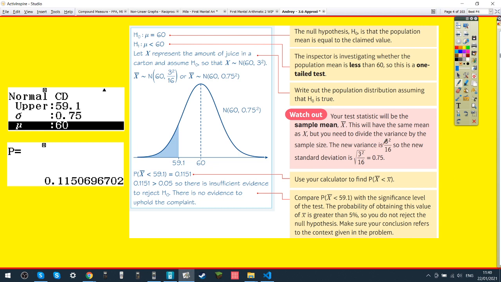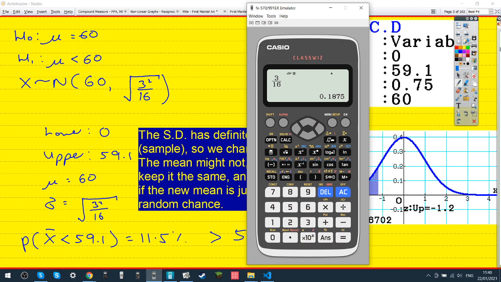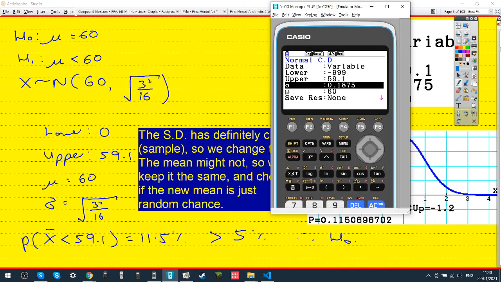Oh, it's just the square root, sorry, that's all it is. 3 squared over 16. That's it. Got there in the end. The standard deviation is the square root of the variance.